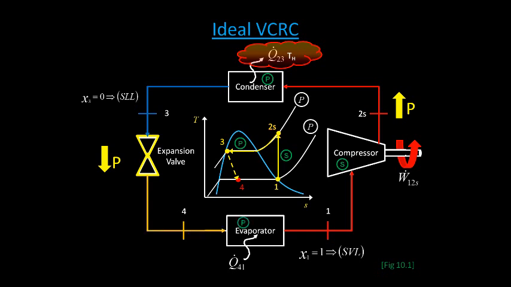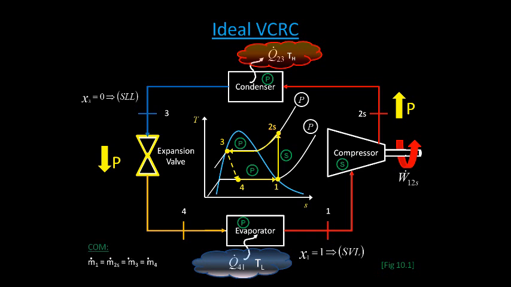The final process is where the refrigerant passes through the isobaric evaporator, removing heat from the low reservoir into the cycle, returning our refrigerant to the saturated vapor line at state 1. This completes the cycle of an ideal VCRC.